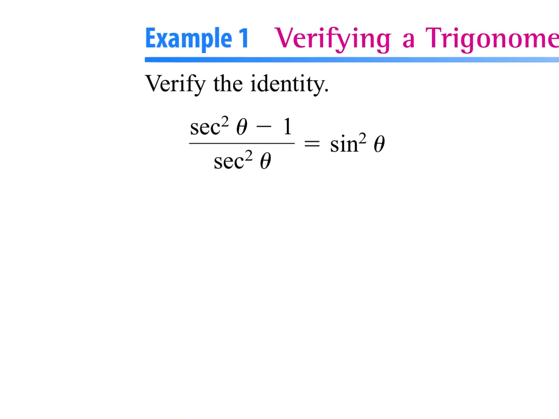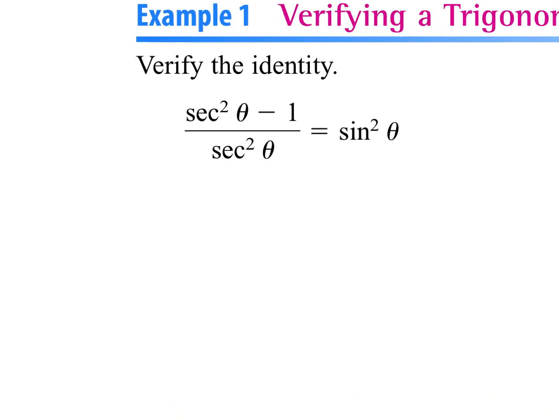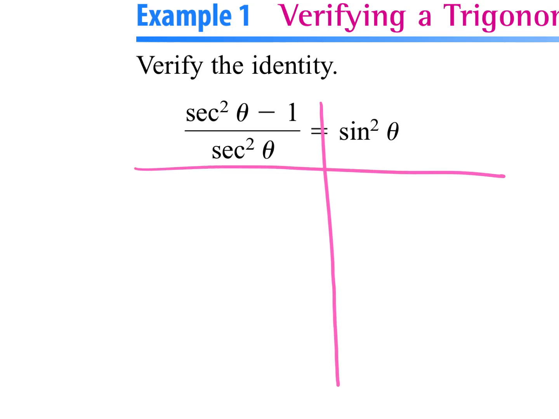So example 1, we're verifying the identity. So here we have an equal sign. That's the difference between what we were doing before with simplifying and these. So right down the middle of my equal sign, I'm going to put a line. I'm going to draw a brick wall here. I want to simplify to make these sides be the same, but I can't move from one side to the other. I can't cross multiply.